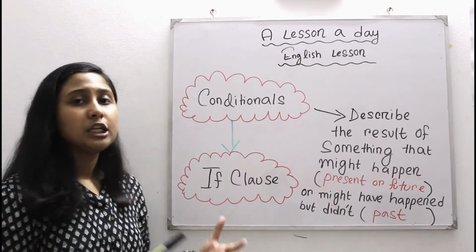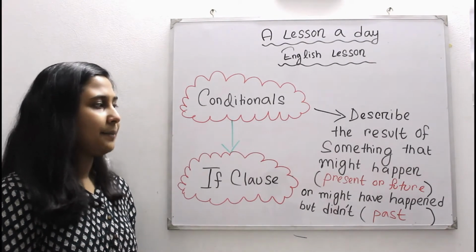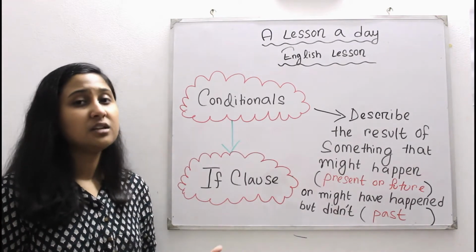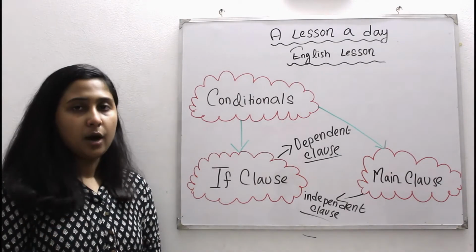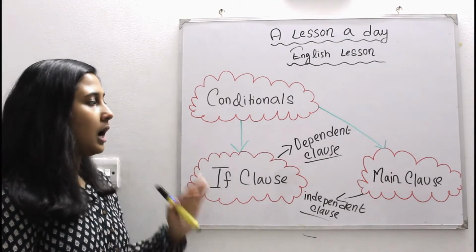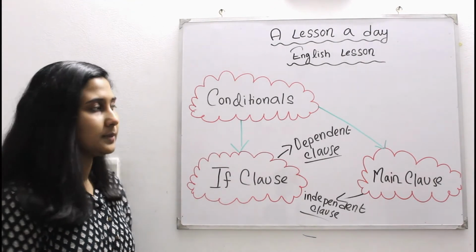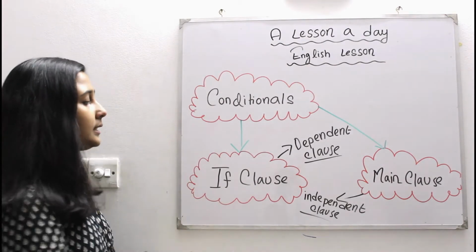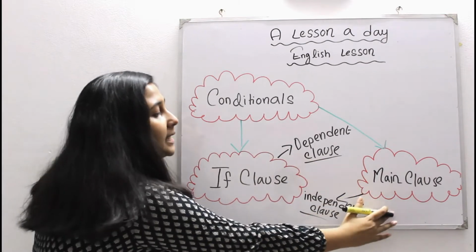These sentences usually describe the result of something that might happen in the present or future, or might have happened but unfortunately didn't in the past. So now we will get to know how many types of clauses are there in a conditional sentence. So in a conditional sentence, as we already know, there is an if clause, but there is also a main clause.